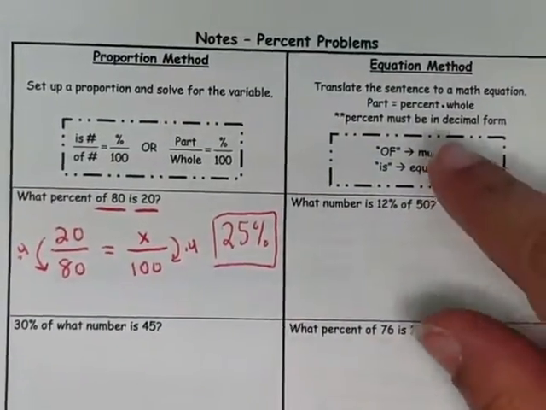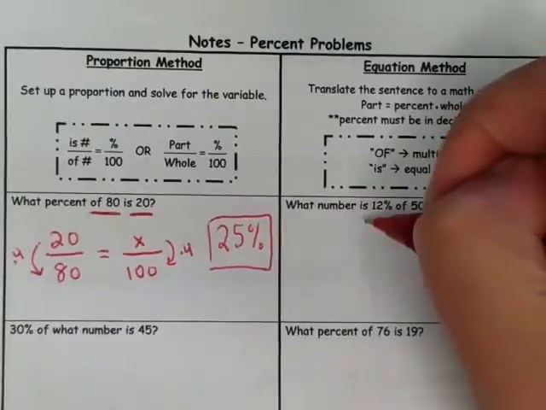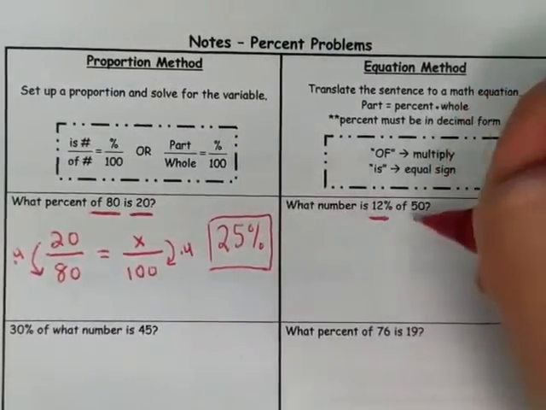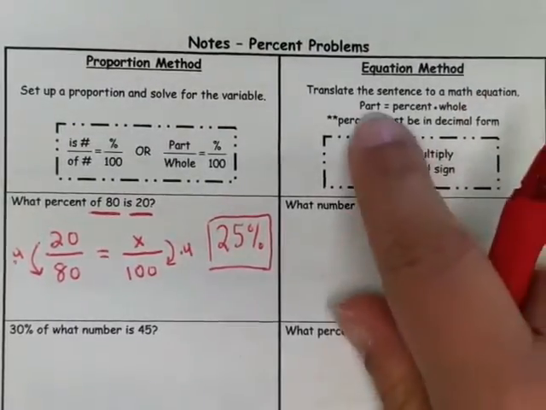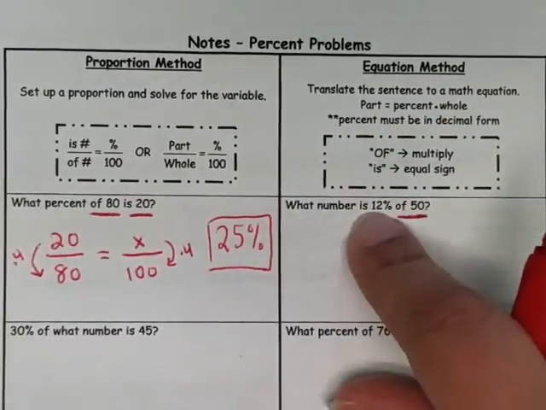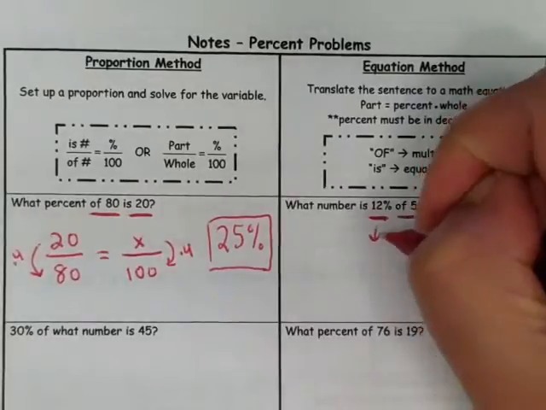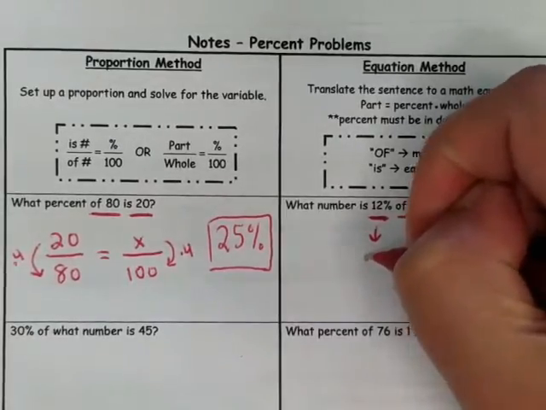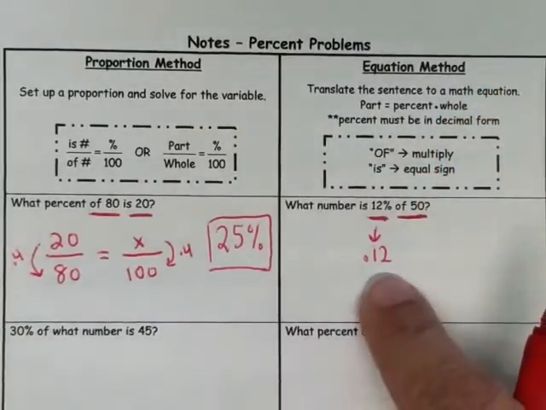Another way to do it is, again, with the equation. So you've got your percent, you've got of 50. Right here, part equals percent times your whole. My whole is 50. My percent is 12%, but if I'm going to do the equation, I have to use the 12% as a decimal.